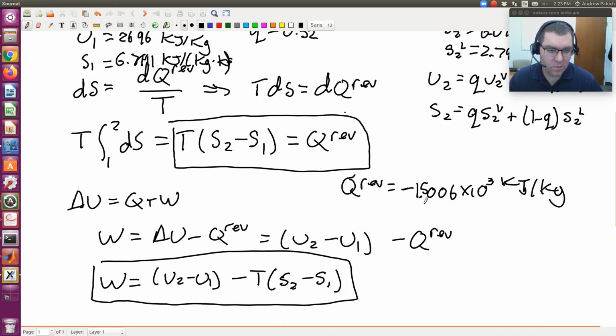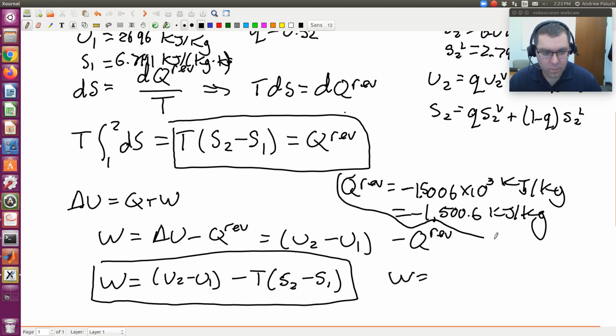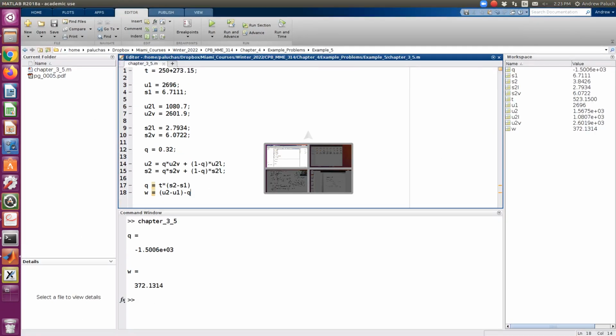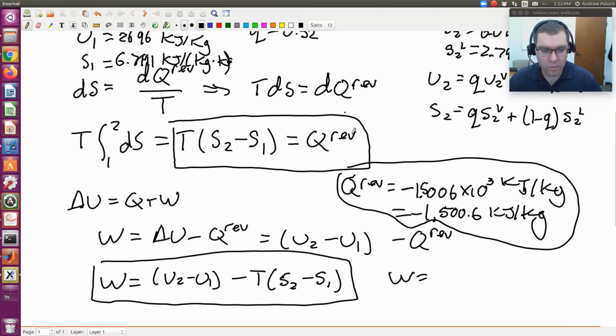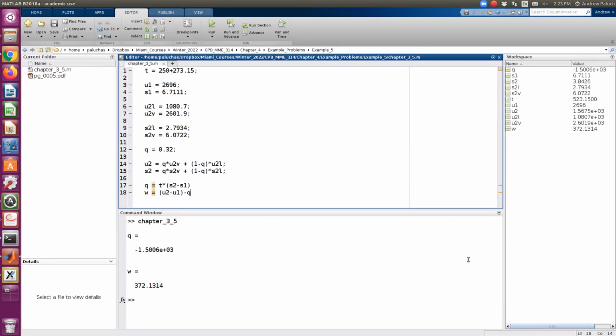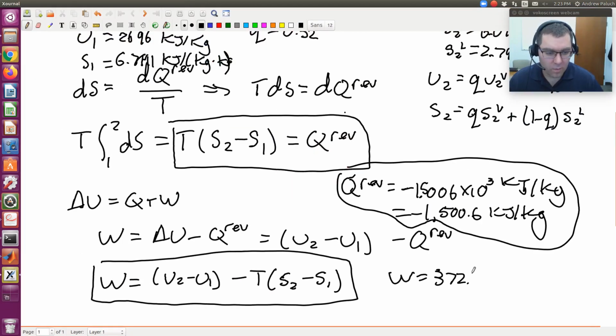So that's negative 1,500.6 kilojoules per kilogram. And W is 372.1314, which is also kilojoules per kilogram.